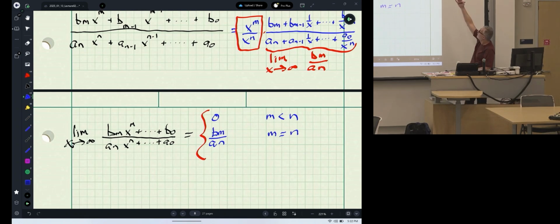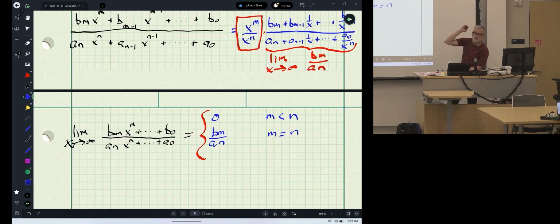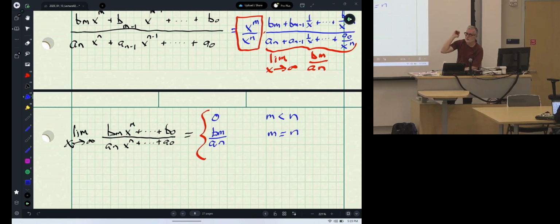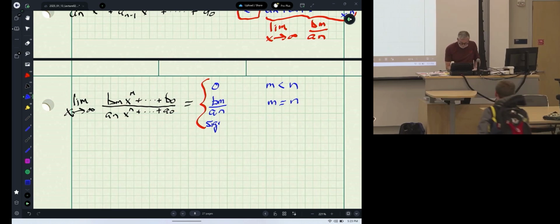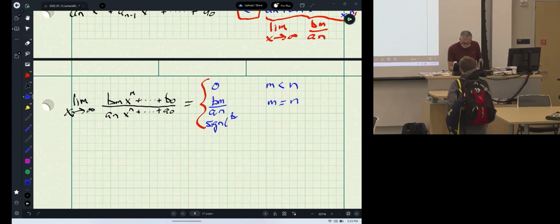Well, if the constant b_m over a_n is positive, then we get plus infinity. And if b_m over a_n is negative, we get negative infinity. Okay, so one way to write that is you get the sign of this number.